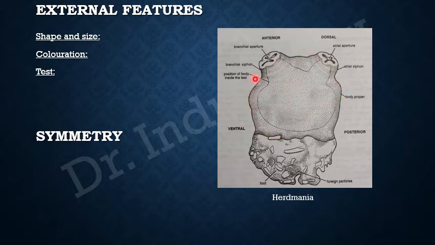You can see the internal structure of the body. This is the main cavity, and it is covered by a leathery covering known as the test. So the body is covered by test, which is made by tunicin.